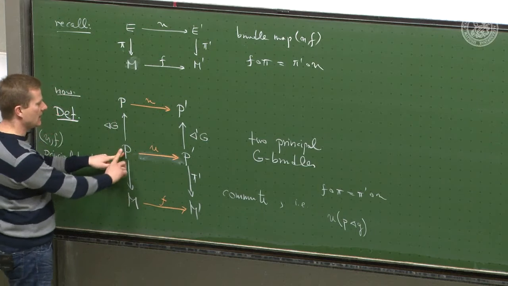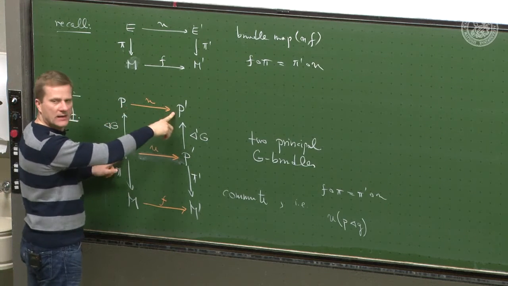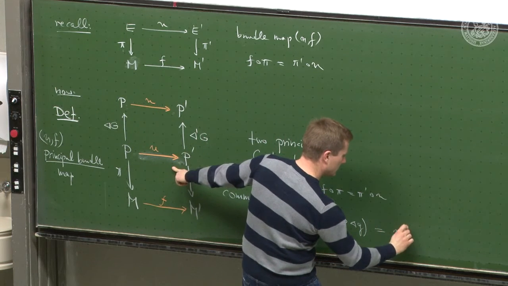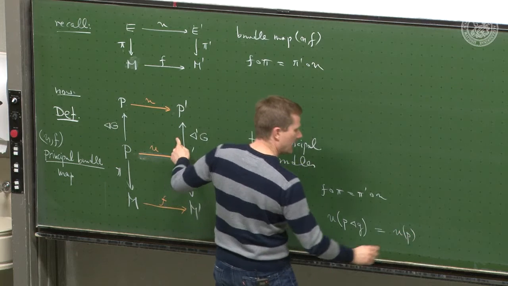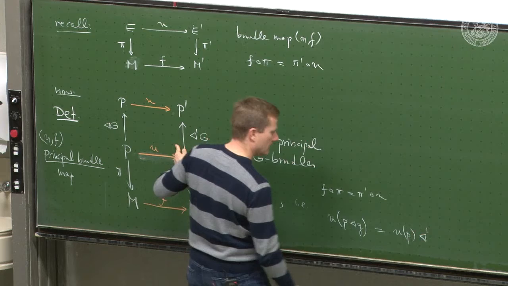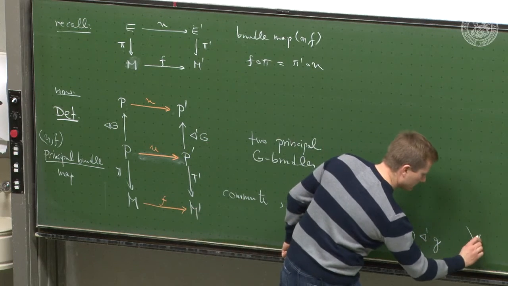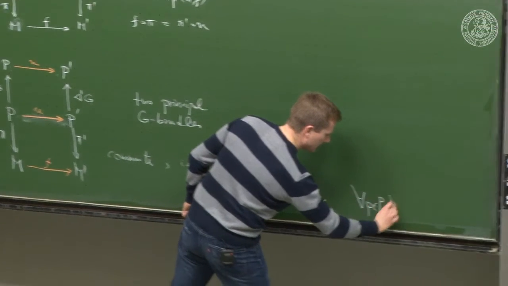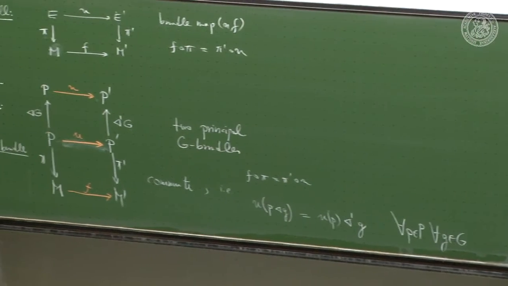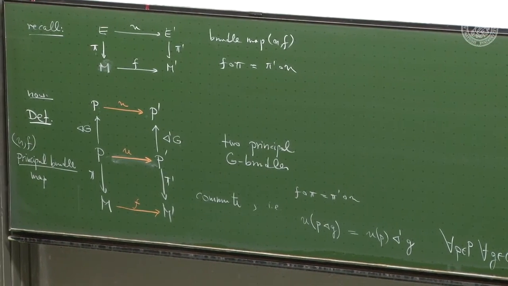So I pick a point p, I act with a particular group element small g, and I get another point here, and then apply the U. This should be the same as applying the U to the same point p, and then after that acting, of course, with this primed action, because we're here acting with the same group element. So obviously this is supposed to hold for all p in P and for all g in G. That's it. That's a principal bundle map.